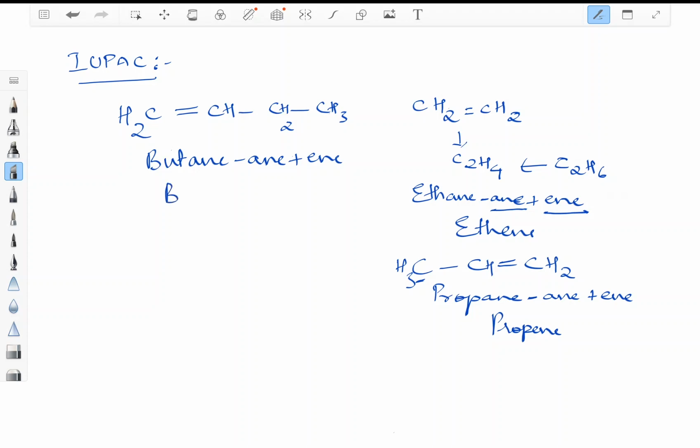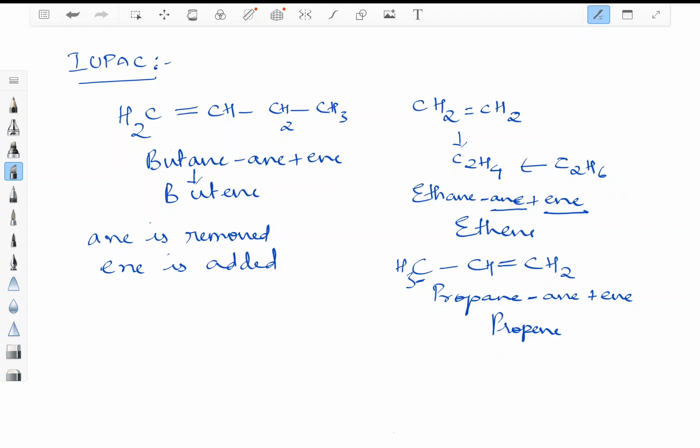So the name is now butene. So one thing to remember here, from alkanes to alkenes, what is the major difference? ANE is removed from the name, ENE is added. One thing is very clear in this.